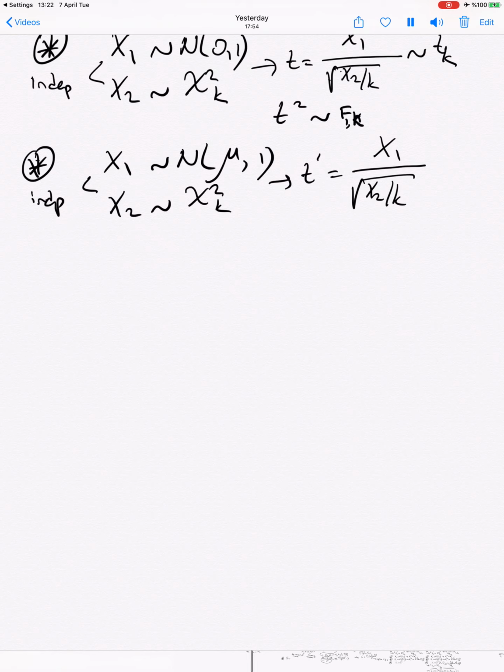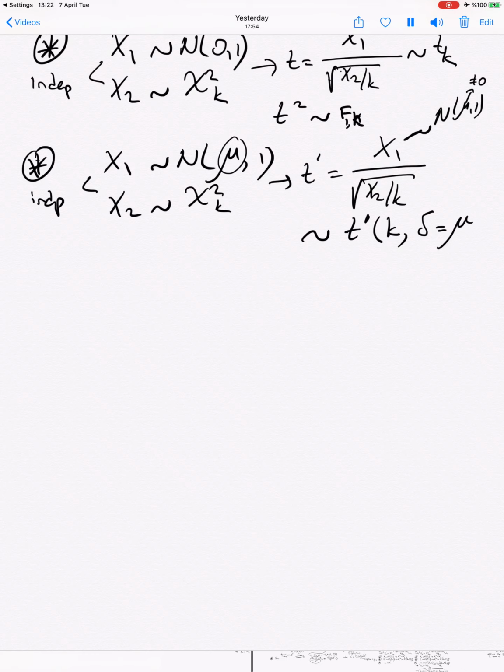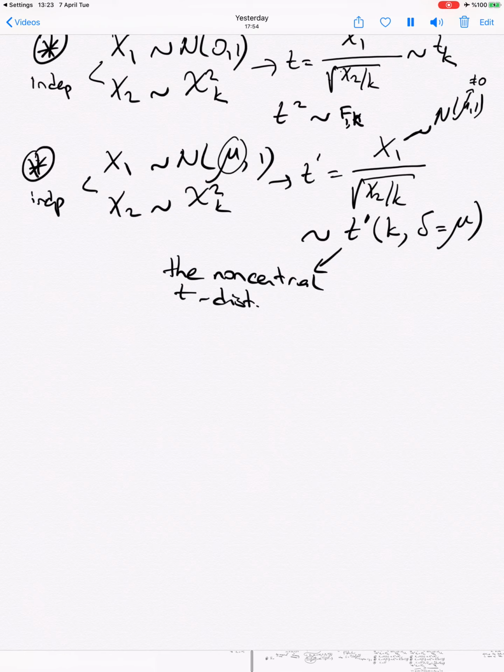This has a normal with mean mu and variance 1, so this part is different than 0. Under this case, t is distributed as non-central t with k degrees of freedom and a non-centrality parameter, which is the mu value that we have here. So this is the non-central t distribution, and this is the non-centrality parameter.